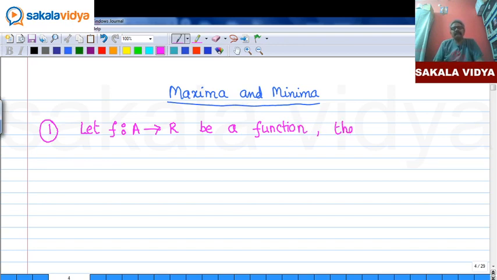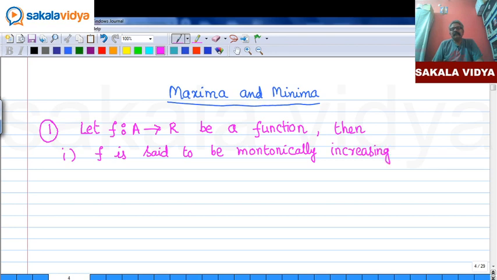Then, first point, f is said to be monotonically increasing on A.